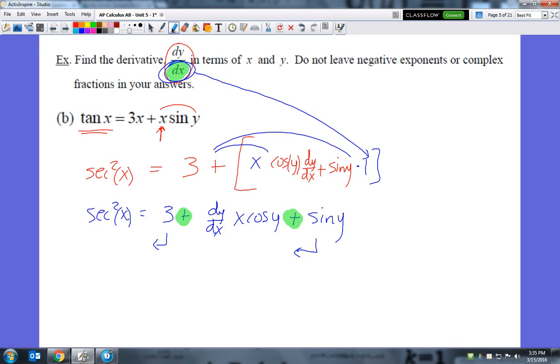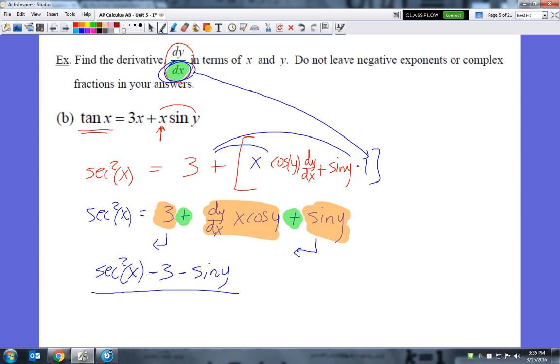Positive and negatives will show you the separation that exists between the different terms. Okay, so you have 3 terms over here on the right side because the positives and negatives are separating all the terms. So we have secant squared x minus 3 minus sine of y, and it'll be divided by this x cosine of y. That's equal to dy dx.